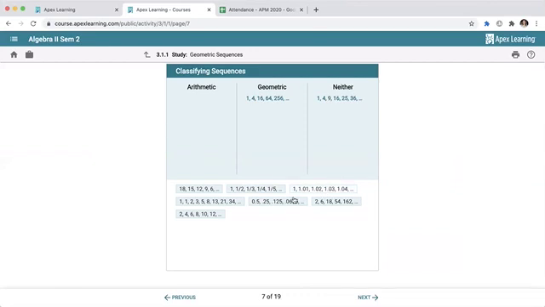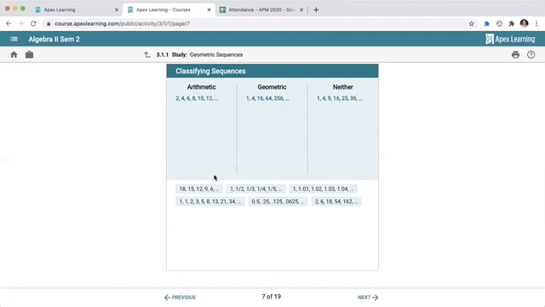But if I look at something like 2, 4, 6, 8, 10, 12, that's just adding 2 every single time. So I'll let you play around with figuring out what the rest of these are.